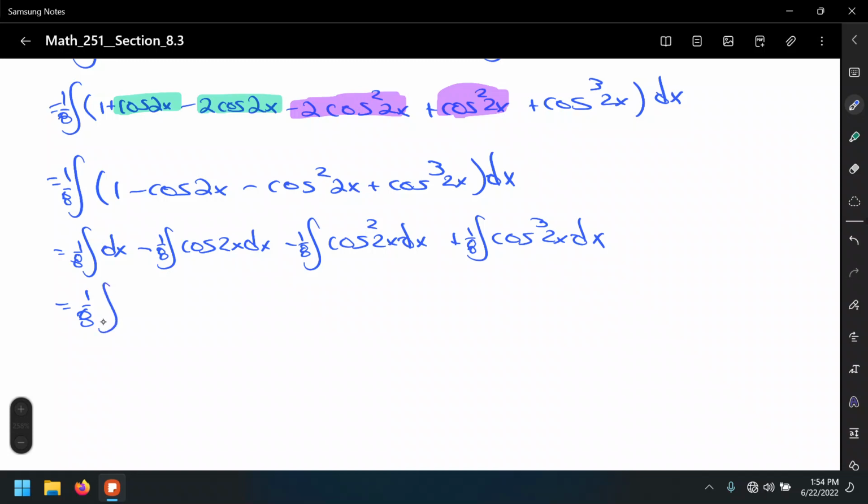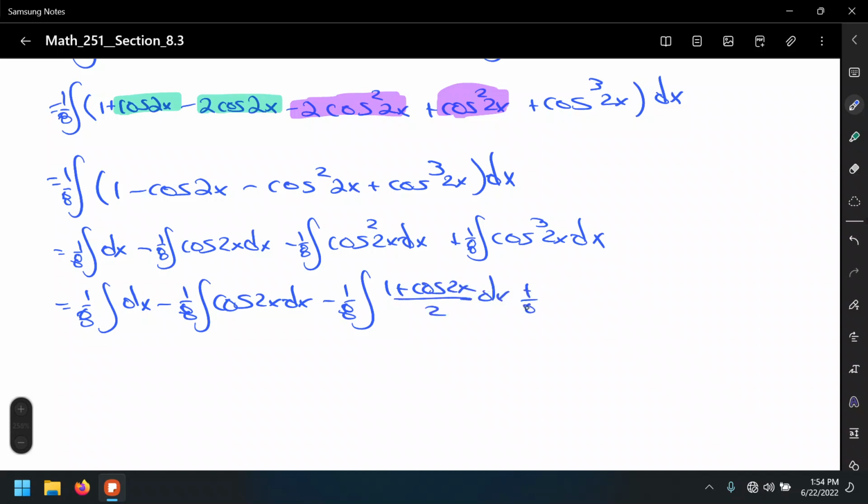You'll see. The integral dx minus 1/8, minus 1/8 integral of (1 plus cosine 2x) over 2, plus 1/8.